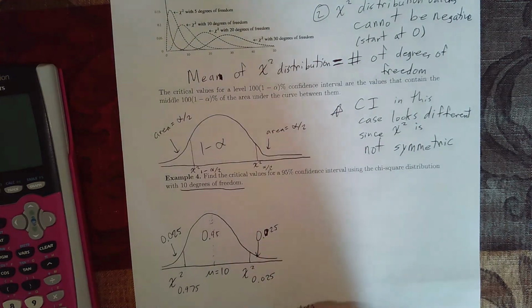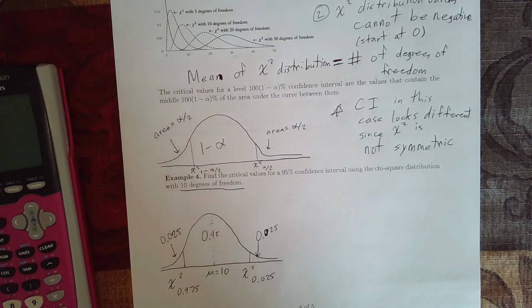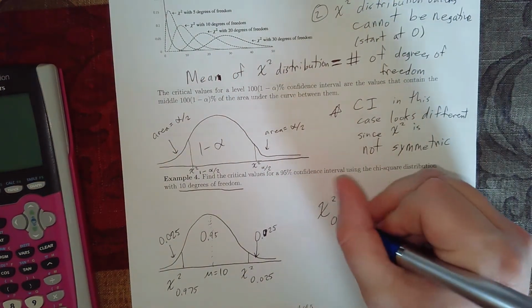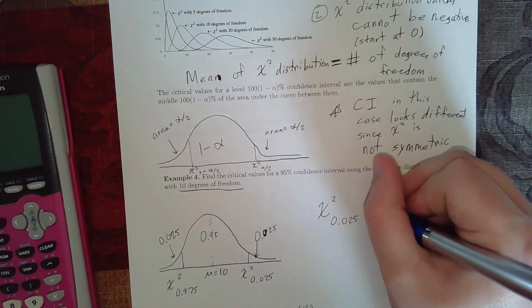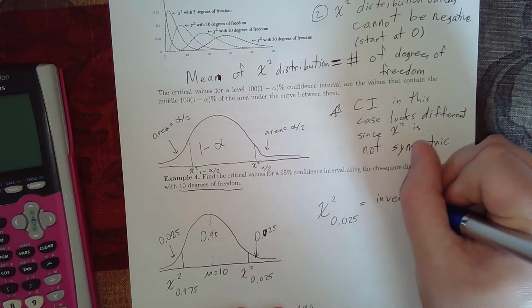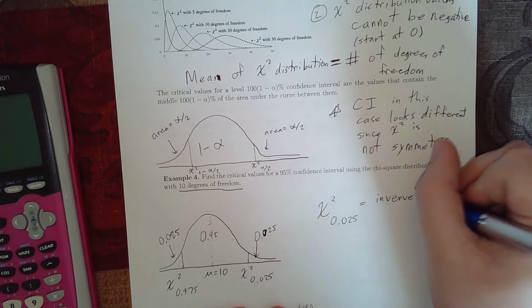And so here, for now, I'm just going to tell you what these end up being. For the chi-squared 0.025, we would use some sort of inverse chi-squared function.